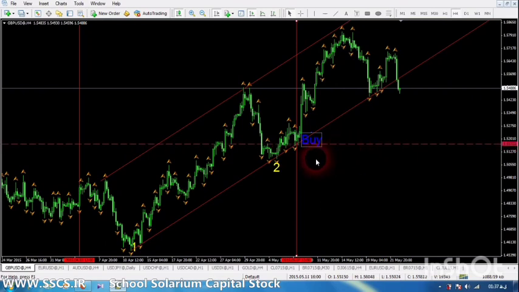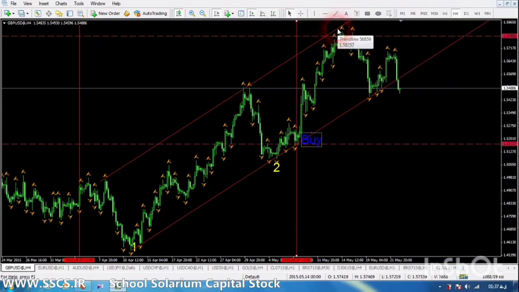Let me adjust the line here. And when it reached the top wall, you see that I've had an uptrend up until here, this top wall. But usually you have to exit earlier than that. Don't wait until the price touches the upper wall. You have to exit sooner than that, before the price touches the wall.